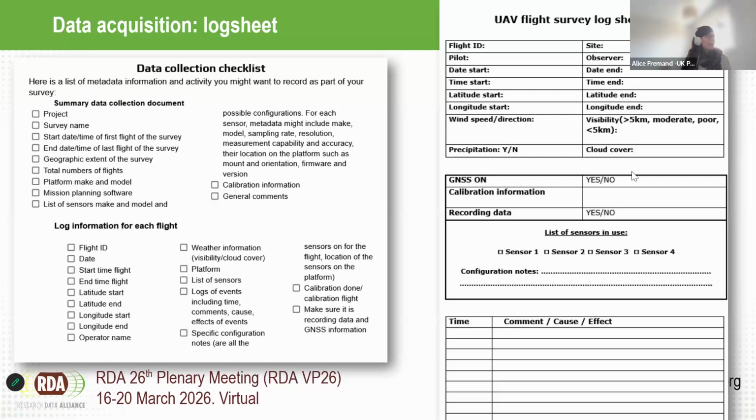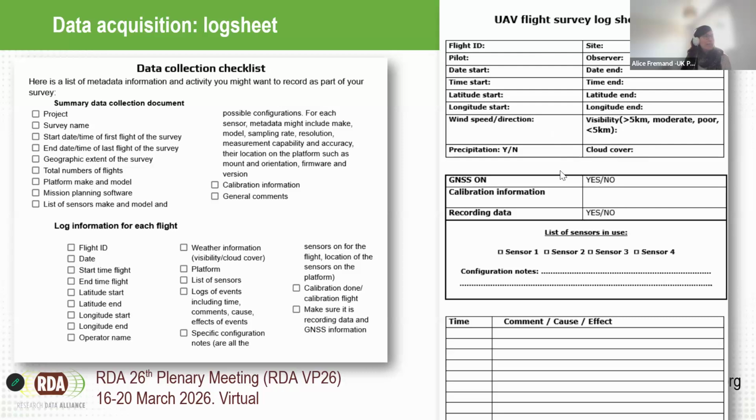And this will then be filled into a survey log sheet where you will log the flight ID, the site, the pilot, the observer, when you started, when you ended, the location of where you started your survey and where you ended it, and then some environmental information such as the wind speed and direction, if it was raining, if there is a cloud cover, and visibility information.